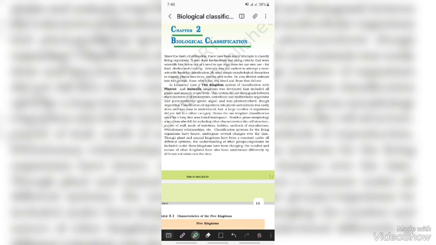The plant and animal kingdoms have been a constant under the different systems. The understanding of what groups of organisms are included under these kingdoms has been changing. The number and nature of the kingdoms have also been understood differently by different scientists over time.